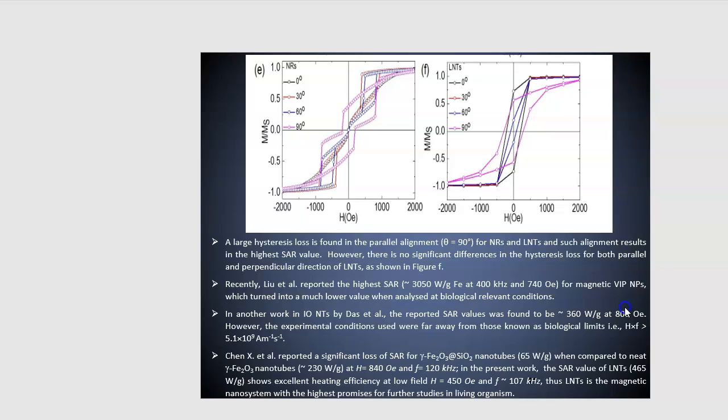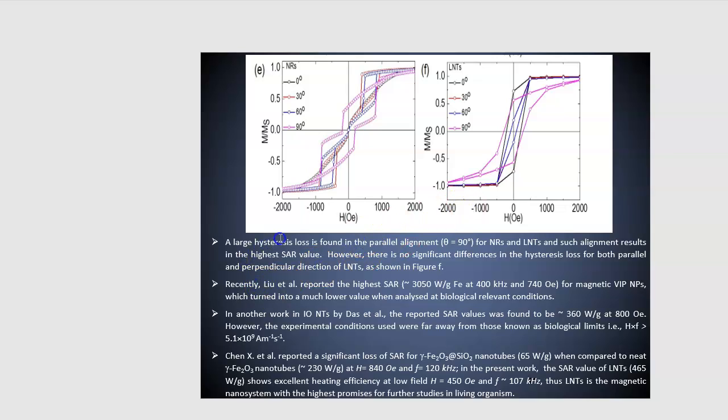To go in more detail, we have simulated the hysteresis for nanorings and long nanotubes in different direction of applied magnetic field. So these nanorings and long nanotubes are aligned in the presence of magnetic field at different angles.